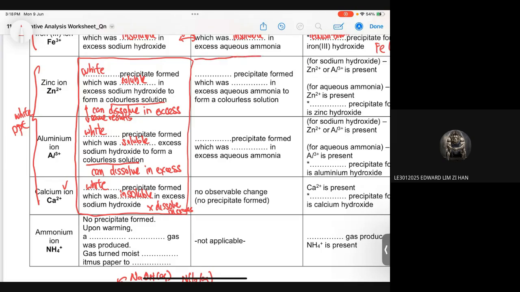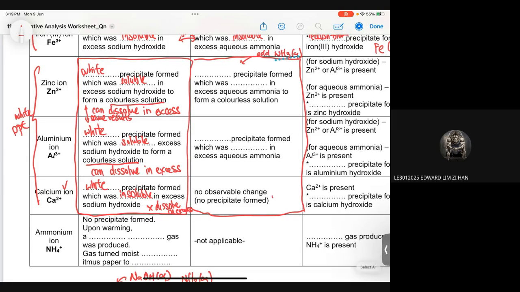Now I'm going to go on to the second column, where I'm adding aqueous ammonia. How to differentiate between these three? So let's start from the bottom first. For calcium ion in the solution, if you add aqueous ammonia, there's no observable change, meaning that there's no precipitate formed.